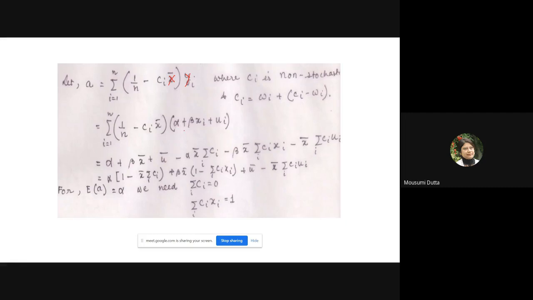Next step, I'm replacing Y by the regression model alpha plus beta Xi plus ui. The first component I'm keeping as it is; the second part I'm changing. I'm replacing Yi. Then look at this step.